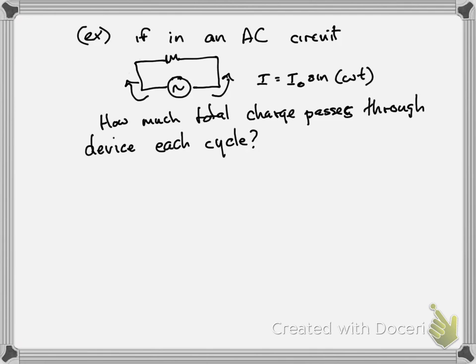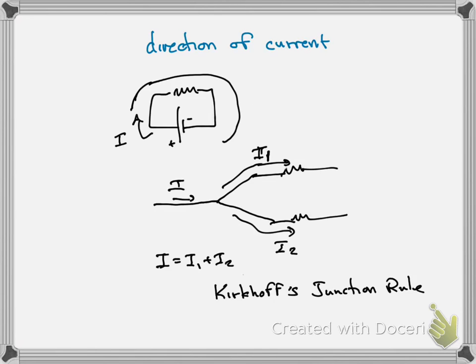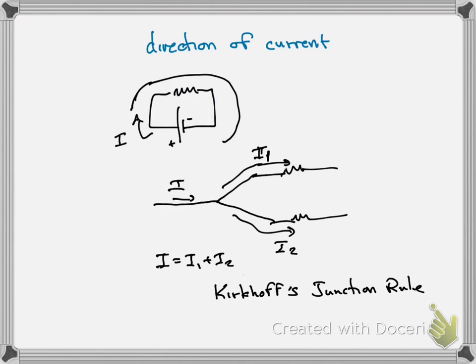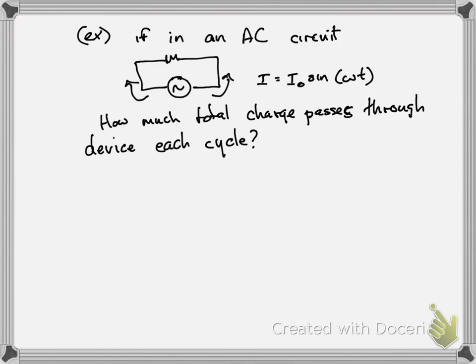Okay, here's another question about current. Let's say we have a time-varying current, in an AC circuit, for example, which really is what we have with our lamp. That's an AC circuit, so it's time-varying. The current goes as some I0 times sine omega t, where omega is the frequency and t is the time.